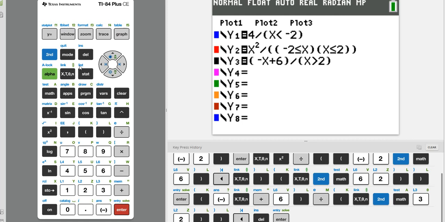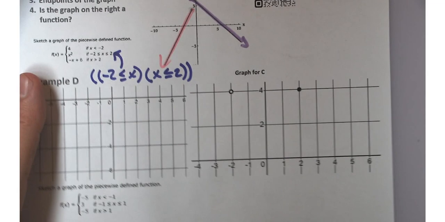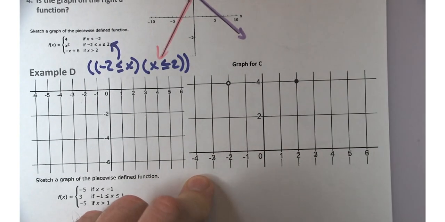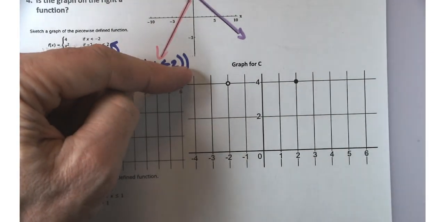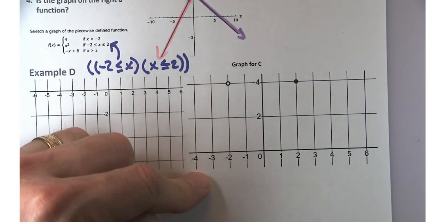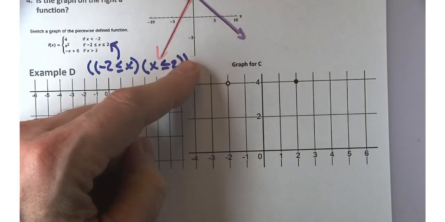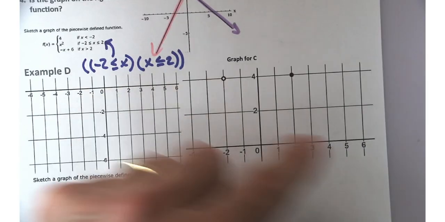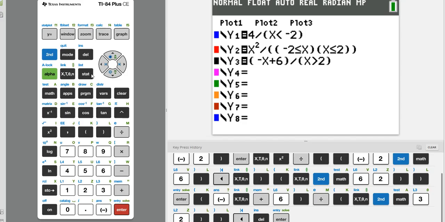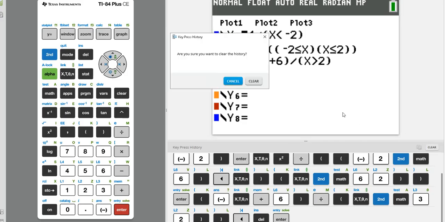Now, as far as the window is concerned, did anyone use the trick that I suggested last time? You just take a look at this window and kind of match it. So I'll go a little bit higher than I need, which is 5, and a little bit lower than I need, which is -1. So -1 to 5 in the y direction, and then -4 to 6 in the x direction. Should be good. So let's set that up for our window. Let me clear this out.